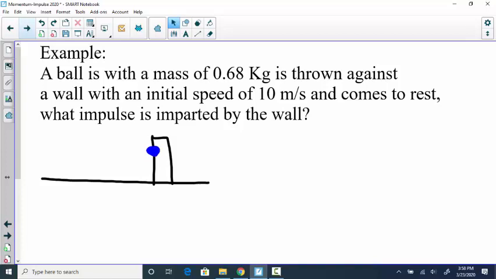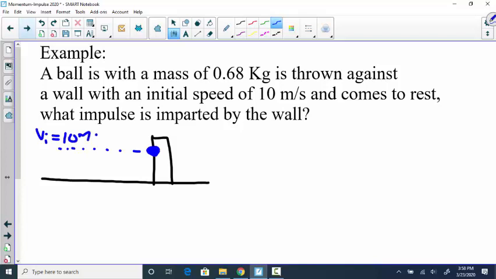Okay, so the ball has an initial velocity of 10 meters per second, and then it has a final velocity of 0. It came to rest, and we know that it has a mass of 0.68 kilograms.